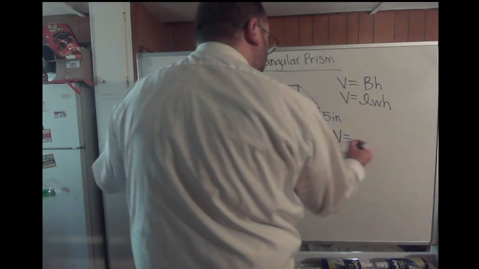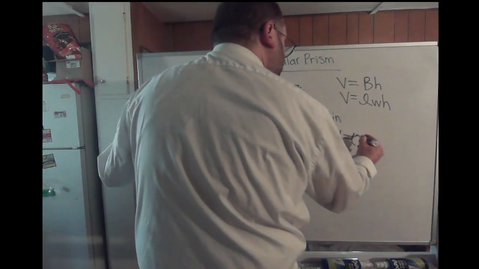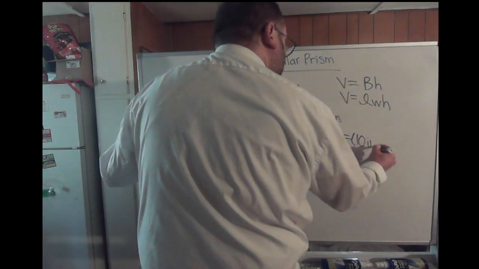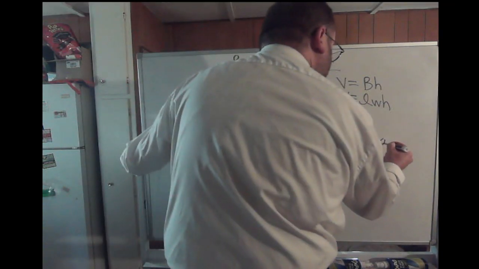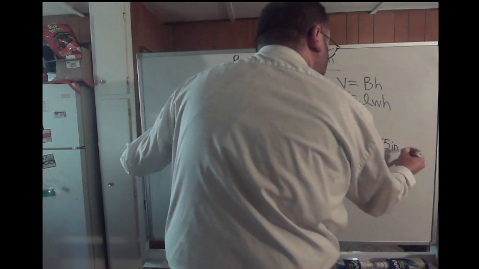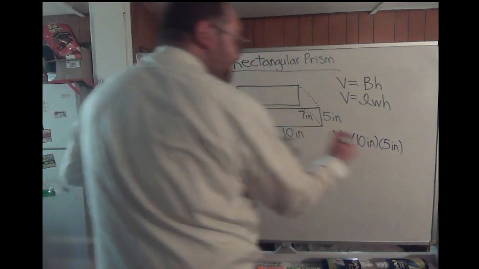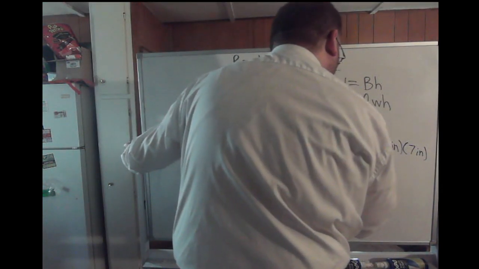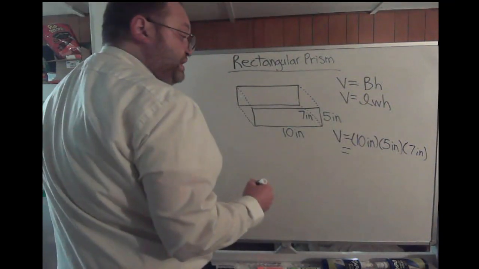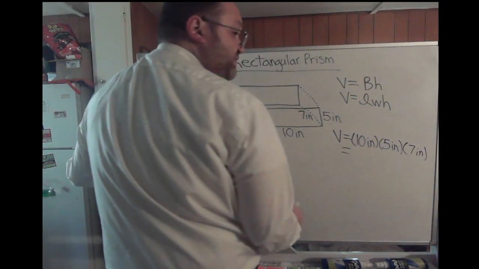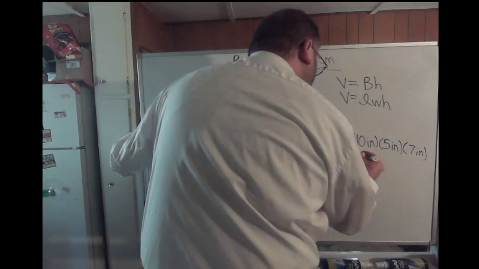So to find the volume, you'll take your length of 10 inches, multiply that by your width of 5 inches, and then multiply that by your height of 7 inches. Well, when we do the multiplication here, 10 times 5 is 50, times 7 is 350.